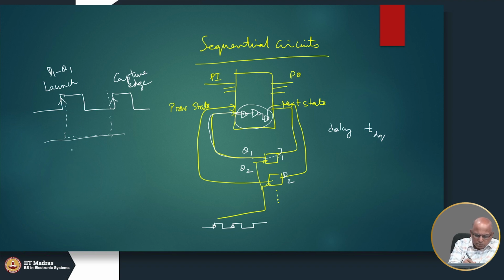So let us say this clock period is T. We would have made sure that T is greater than the time it takes for this D to Q plus path delay plus this so called setup delay.